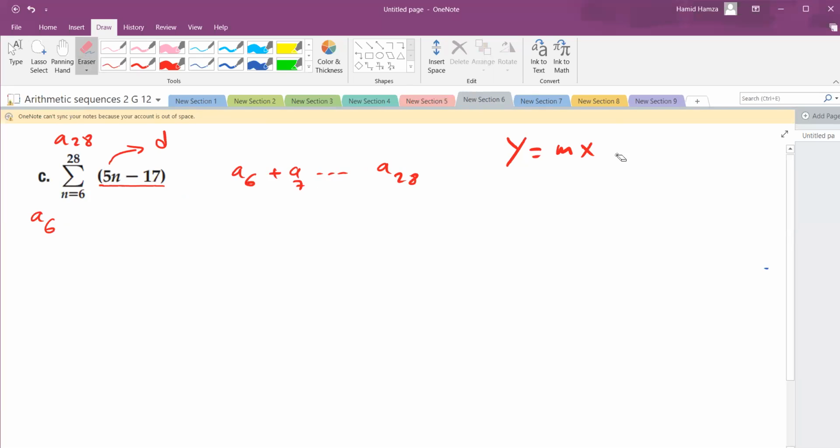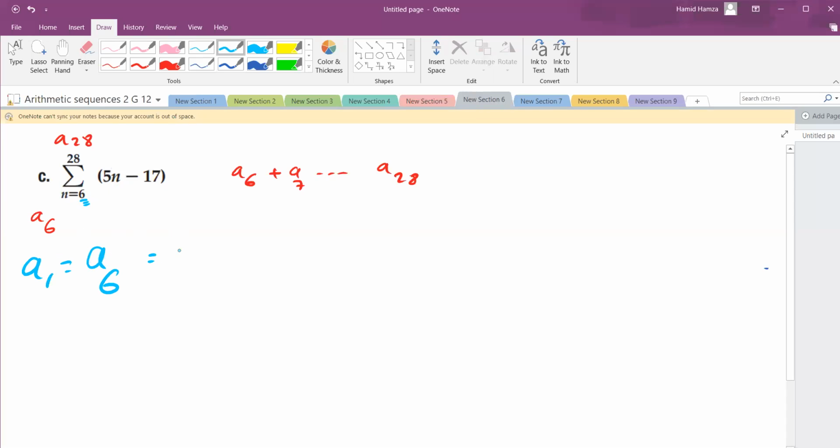So that means the first term of the series will not be the first term of the sequence itself. So A1 of the series will be A6. So I'll substitute by n equals 6 to find the first term we wanted to add.